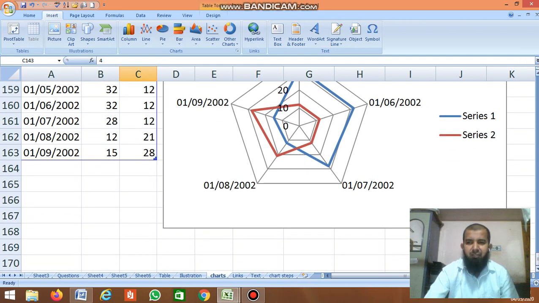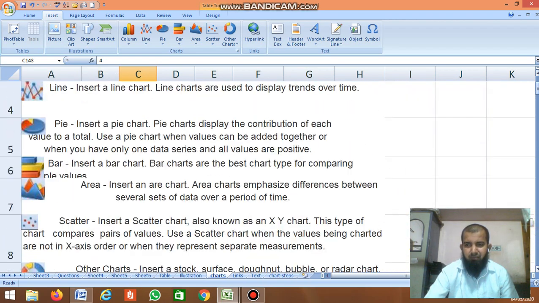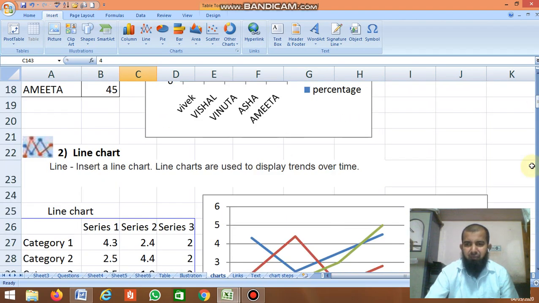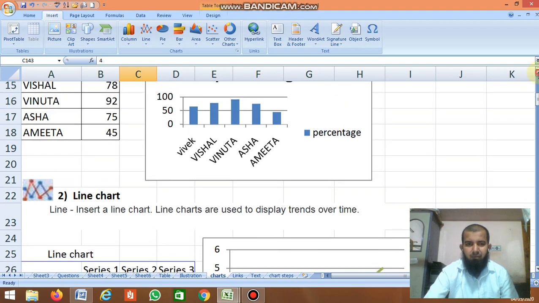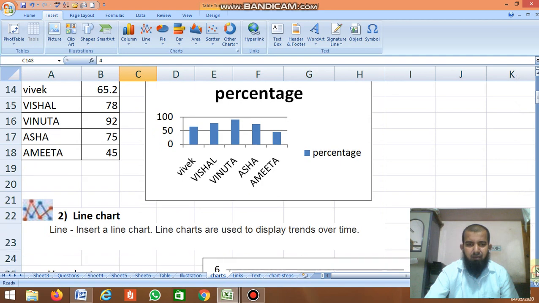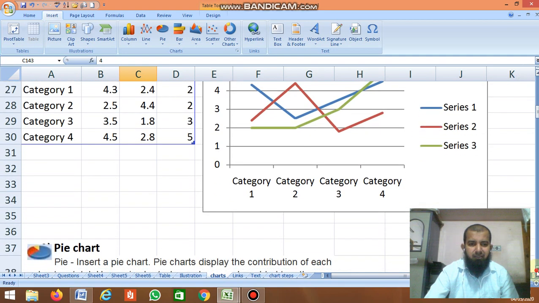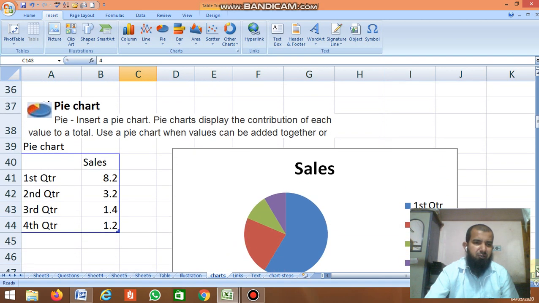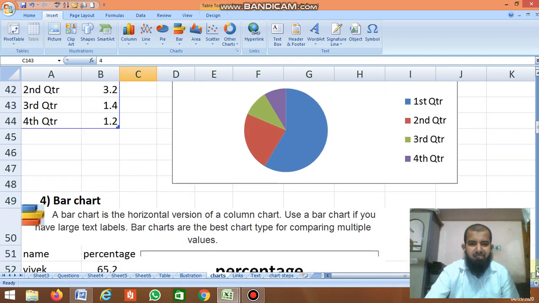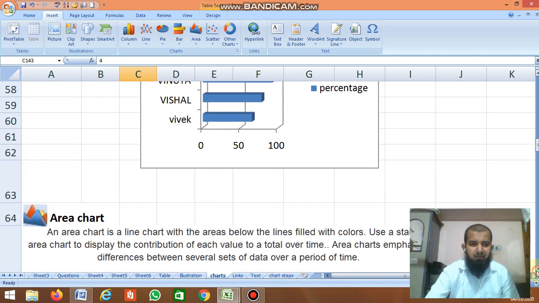If you want, you can take a snapshot. First one is column chart, line chart. Then the diagram you have to draw in the exam. This is pie chart, explanation and diagram both. Bar chart, area chart.